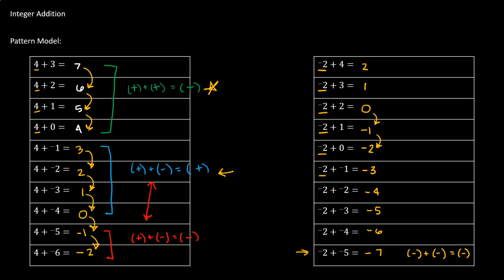So if the signs match and we're doing addition, the result will have the same sign. 2 positives equal a positive. 2 negatives equal a negative. This is not the same when we do division and multiplication later, so we have to make sure to keep these rules sorted out in our minds. It's only when you have a combination of plus and minus that you have to pay attention to the sign on the result.